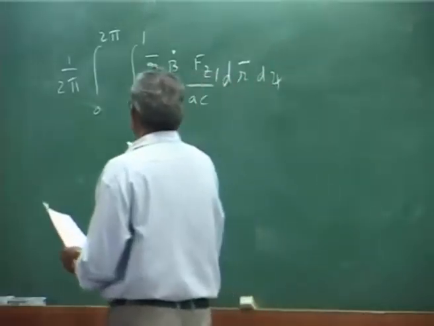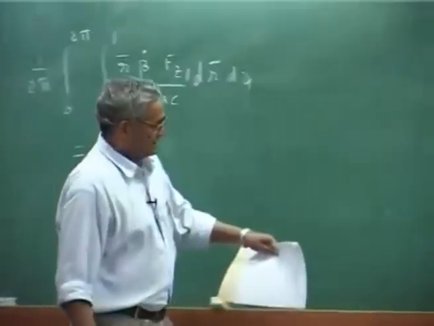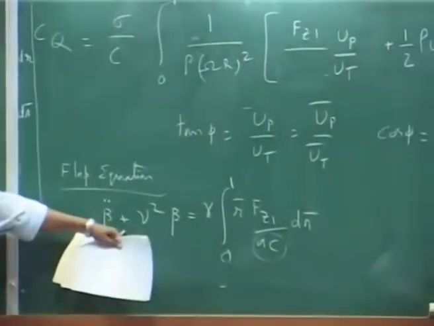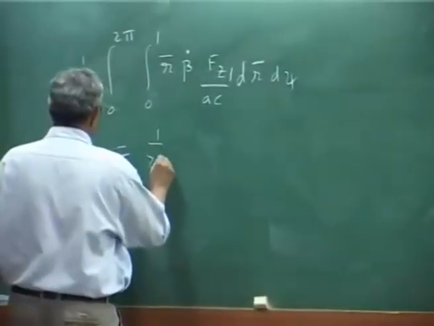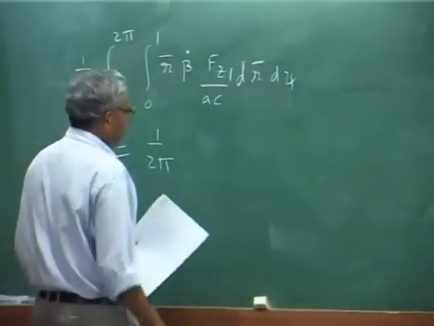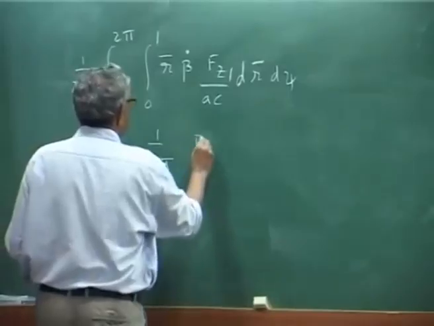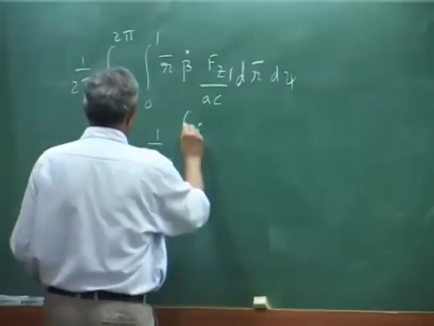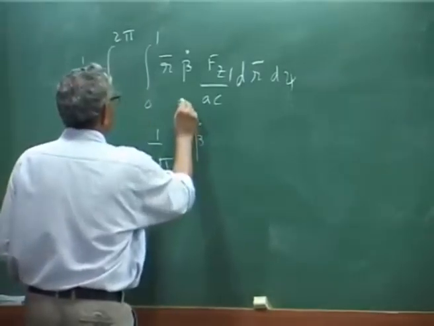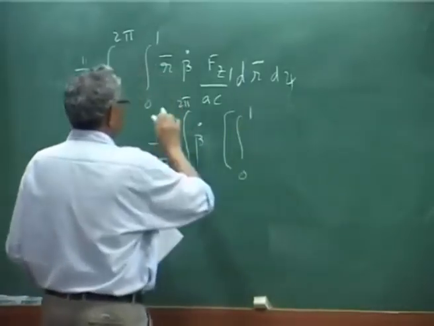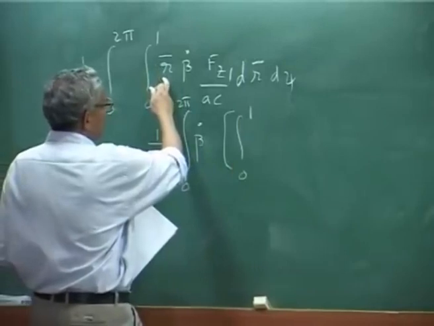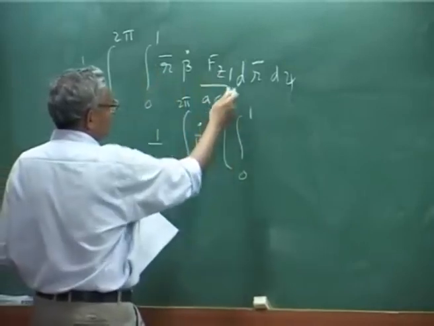This is nothing but, you go to this equation, this will be 1 over 2 pi, I am taking beta dot, 0 to 2 pi, then 0 to 1, r bar f z a c dr bar.